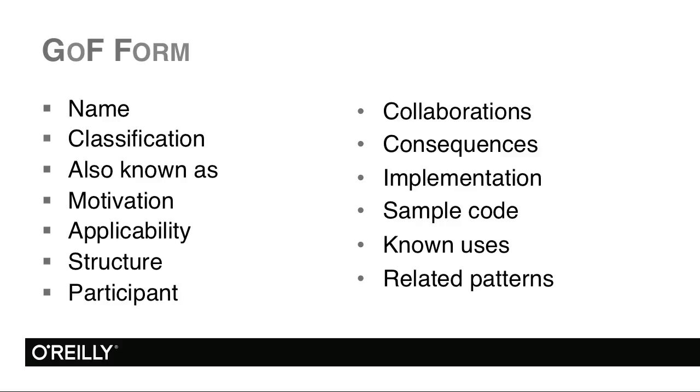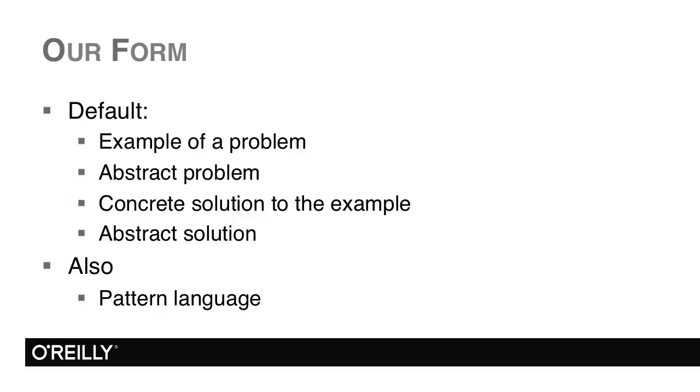And there may also be a set of related patterns. So they feel like in some cases that one pattern may be related to another pattern or be used together with another pattern. So there's a concept of trying to build a relationship between the patterns in the Gang of Four book.